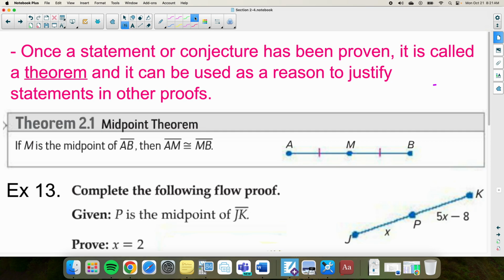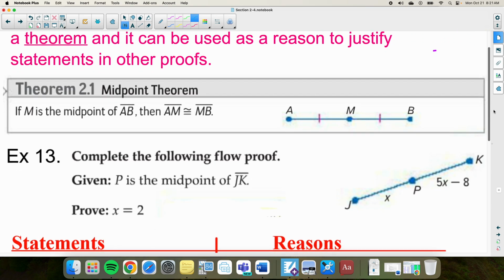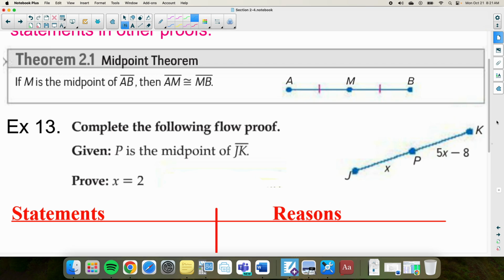I think you guys all know what a midpoint is, but if M is the midpoint, that tells us that this side and that side are congruent. So whenever you see that you have a midpoint, you're going to use midpoint theorem. If they give you a midpoint in a proof, you're always going to use it, okay? So don't forget about that.